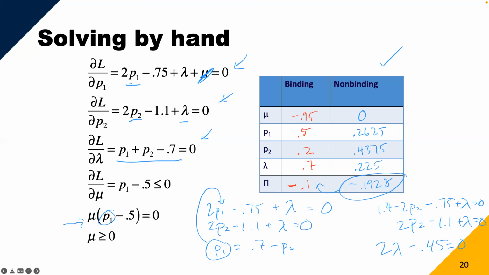Okay. So this is an example that's solvable by hand. And again, this is just to demonstrate one of the types of machinery behind how you could go about solving a simple optimization like this, right?